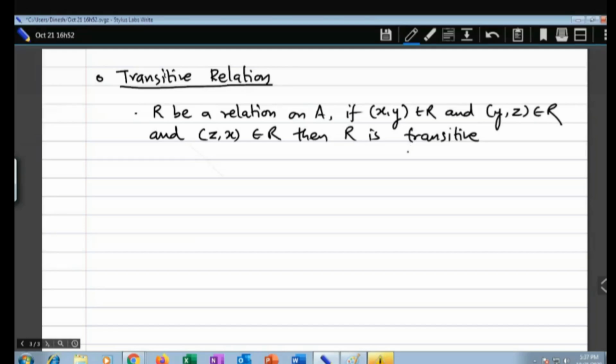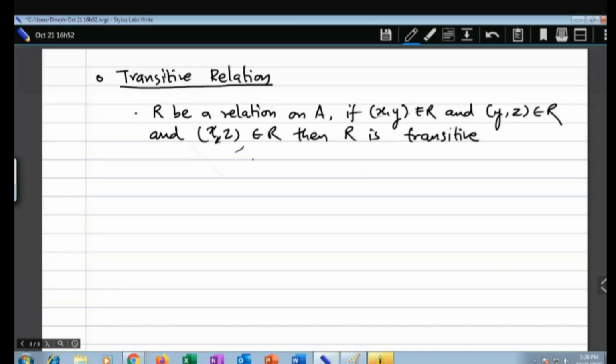So R is said to be transitive when you have (x, y), (y, z), and (x, z) available in R. Sorry, not (z, x), it should be (x, z). Sorry, I just made a mistake. So it is the transitive relation.